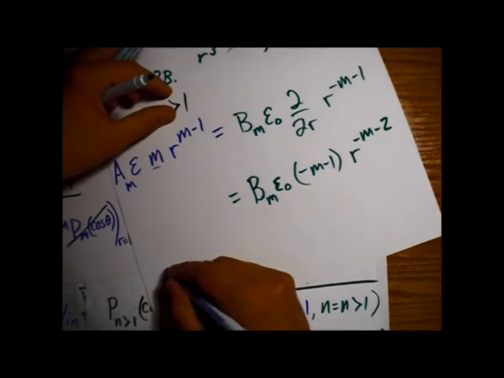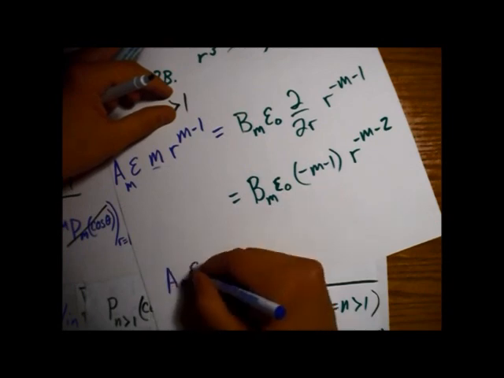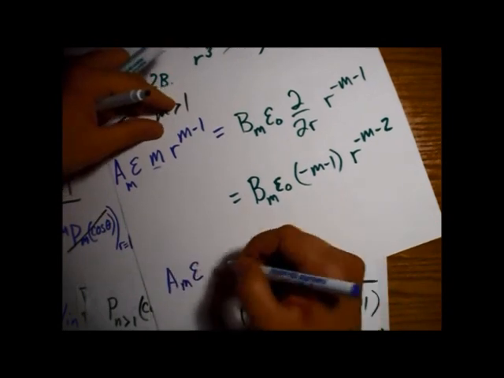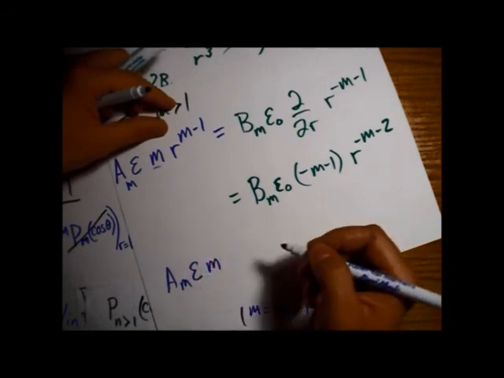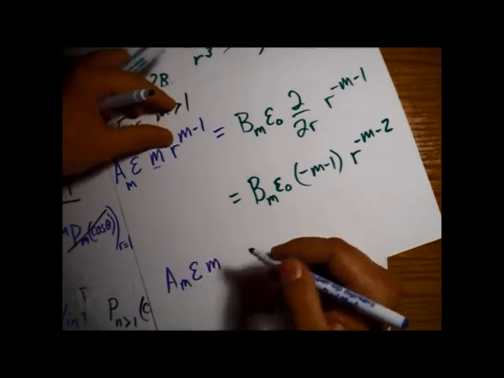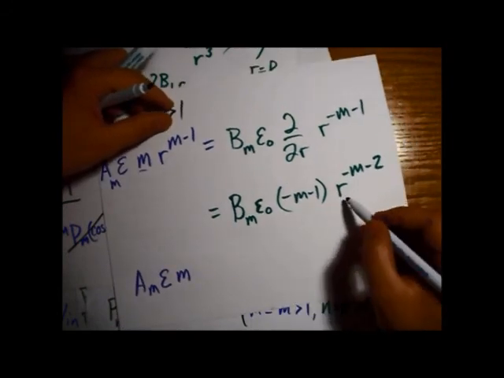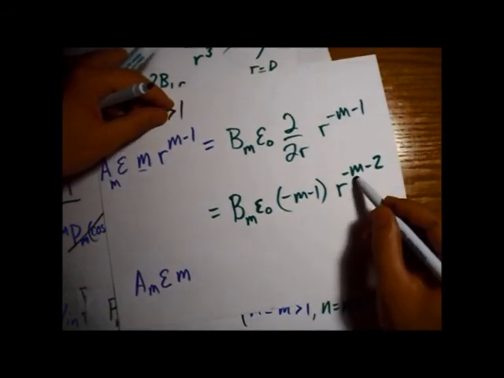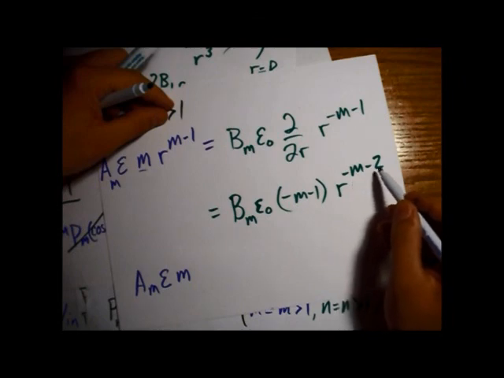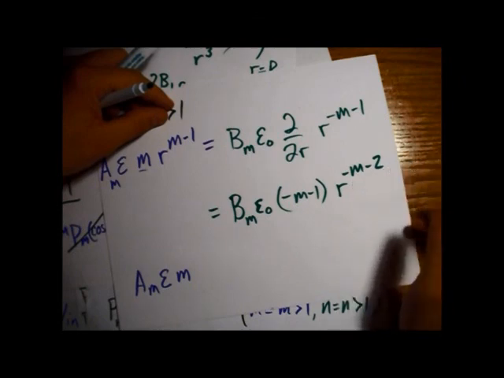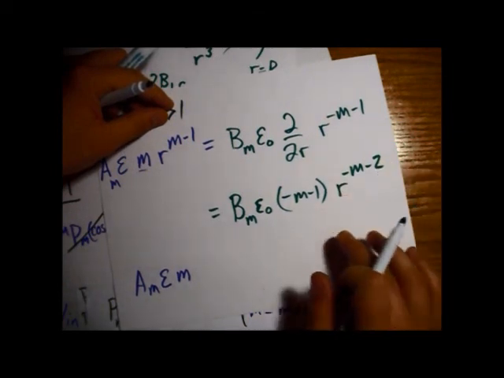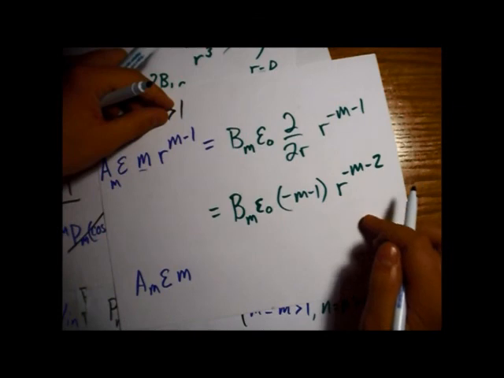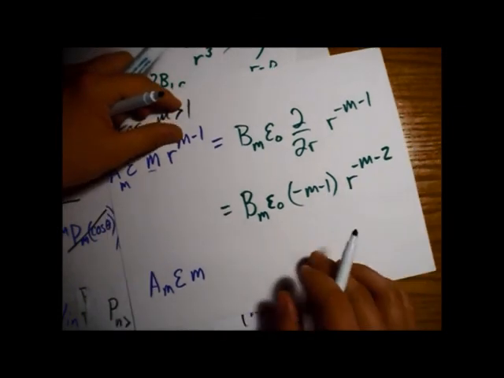So I'm going to write a and epsilon. We had an m here, and then I'm going to multiply both sides by m plus 2. Is that correct? I think so, right? Because we bring this down here, it's an m plus 2, r to the m plus 2. So I'm going to multiply both sides by m plus 2.